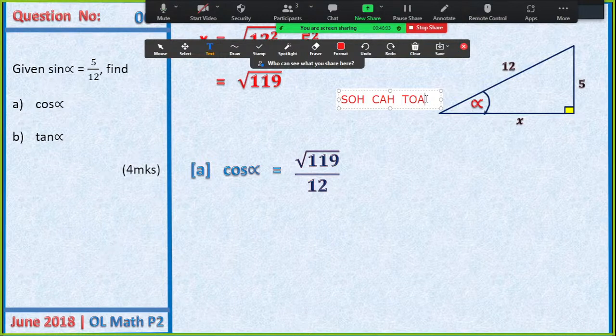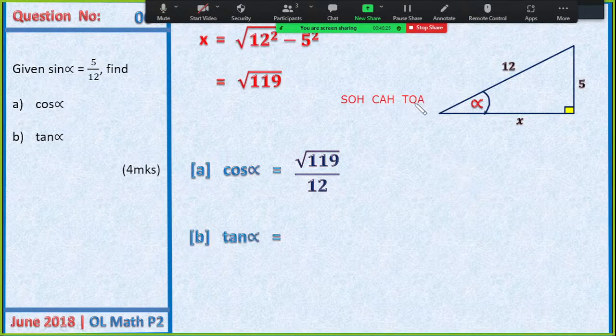So if I'm using cos now, my cos alpha will be equal to adjacent over hypotenuse, that is CAH. My adjacent side is the square root of 119 over hypotenuse, which is 12. And we can now find tan.